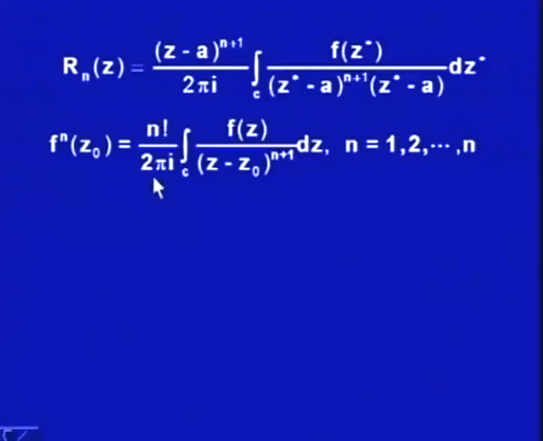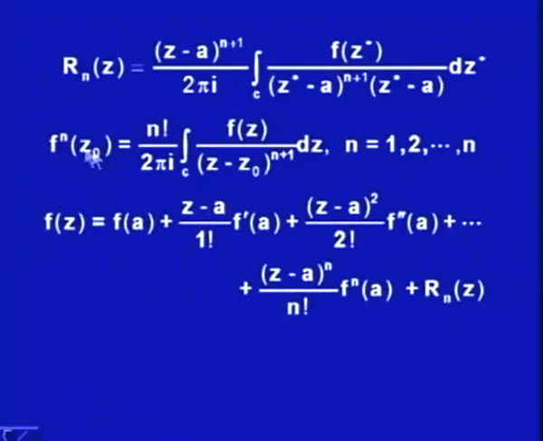So, the nth derivative will be given by this integral over the closed curve C. Using this, one can write our expression as f(z) equal to f(a) plus (z minus a) over factorial 1 f'(a) plus (z minus a) square by factorial 2 multiplied by f''(a), and so on, and the last term is (z minus a) raised to power n divided by factorial n f^(n)(a), plus the remainder term R_n(z).